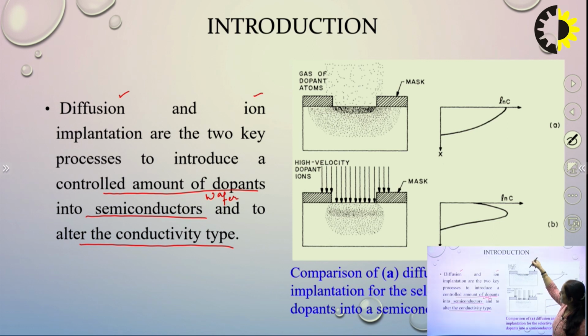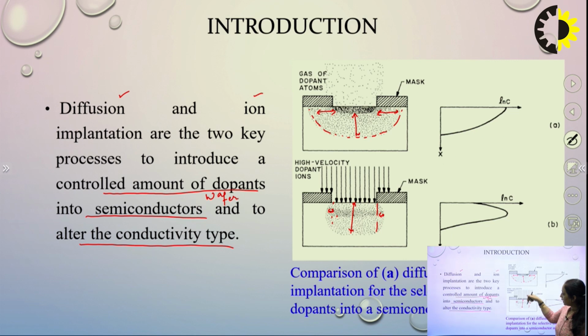So when you diffuse the gas dopant atoms, you can see here that the doping extends in the lateral direction as well as in the vertical direction, right? But in case of ion implantation, the lateral extensions are less, right?